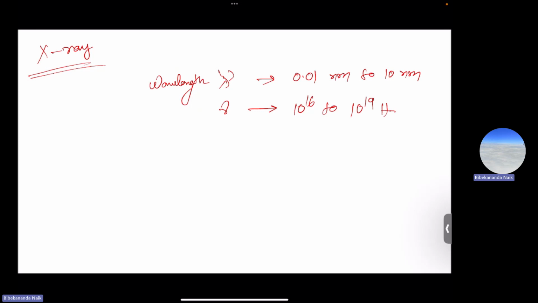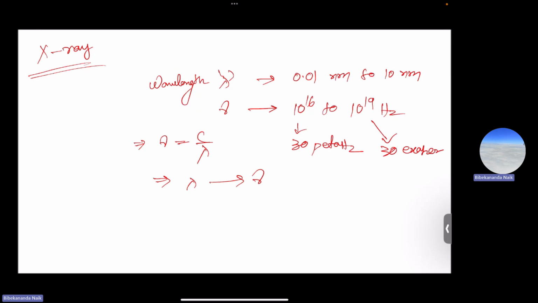If you calculate exactly, because frequency equals velocity by wavelength, you will find it as 30 petahertz to 30 exahertz. So these are the values of frequency and wavelength.